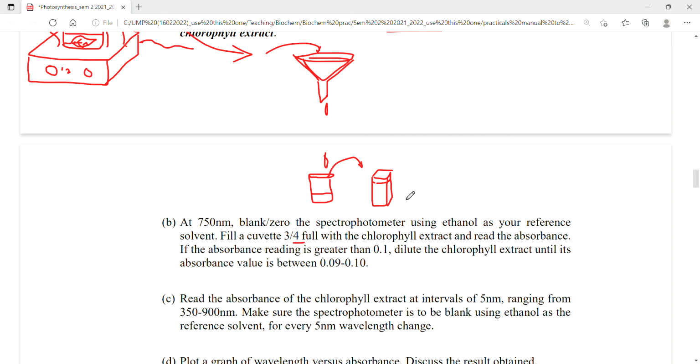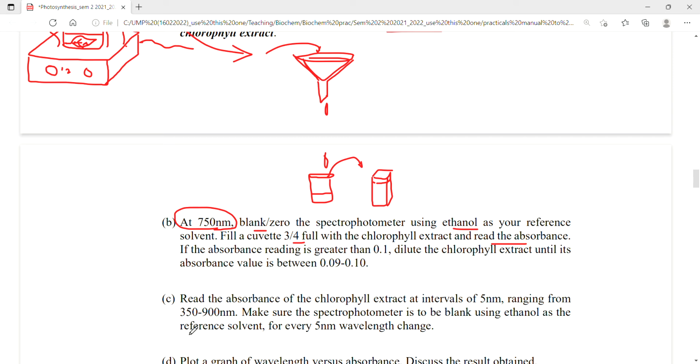Take the cuvette and go to the spectrophotometer and read the absorbance. The wavelength that has been set is 750, so you set the spectrophotometer to 750, and they have also mentioned you have to blank the spectrophotometer using ethanol.